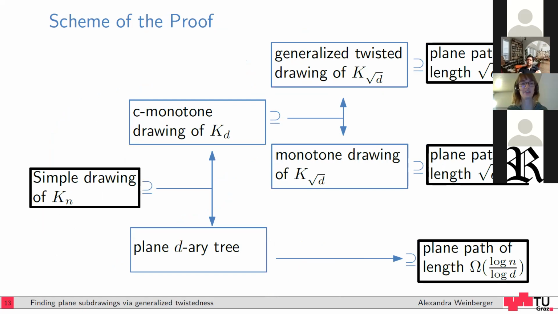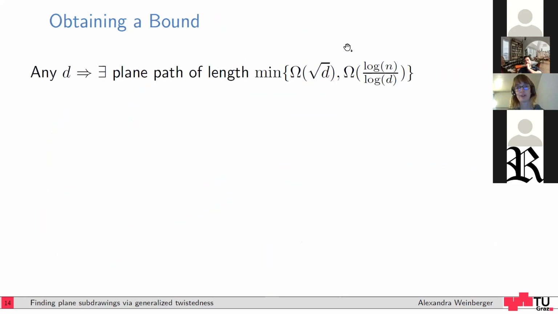Meaning, what do we have in total now? We started with the simple drawing of a complete graph, and no matter which way we went, we know that we always end up with a plane path of a certain length. And the length is omega of square root of d, or omega of log n over log d.